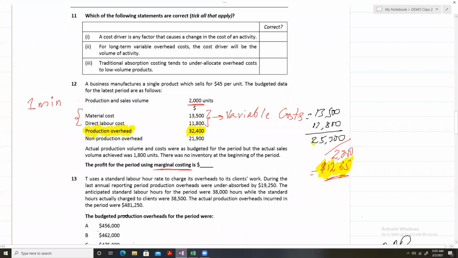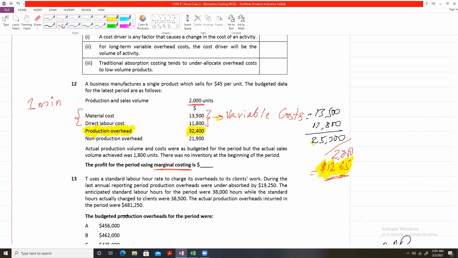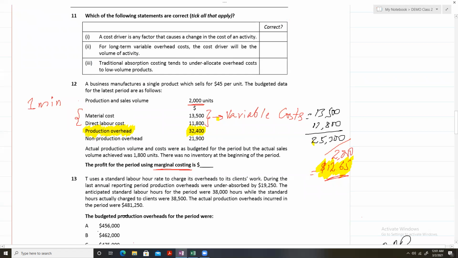Now there is one more thing that you need to understand: the examiner can easily divide this production overhead into two parts, variable overheads and fixed overheads. So if you are faced with a question in which you are given the variable production overheads and also the fixed production overheads, please do not panic.